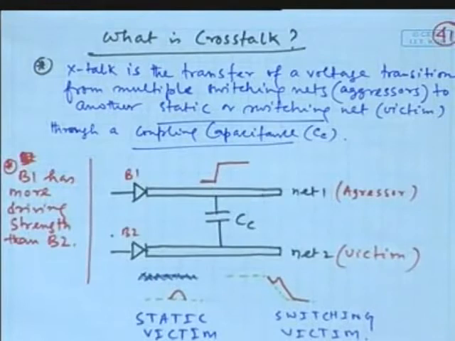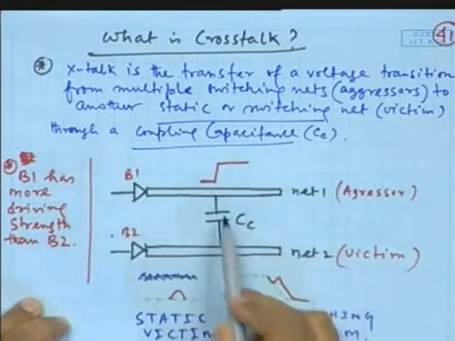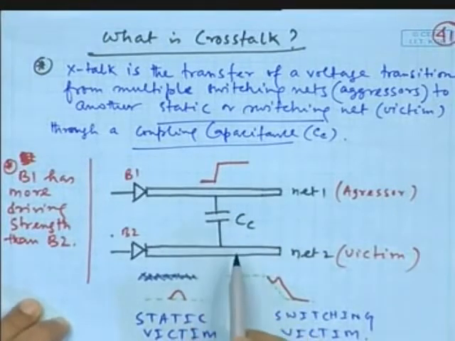So what is crosstalk? Once again, just this repetition, this is the formal definition. Crosstalk is the transfer of a voltage transition from multiple switching nets, which are called aggressors, to another static or switching net, called the victim, through a coupling capacitance between them.